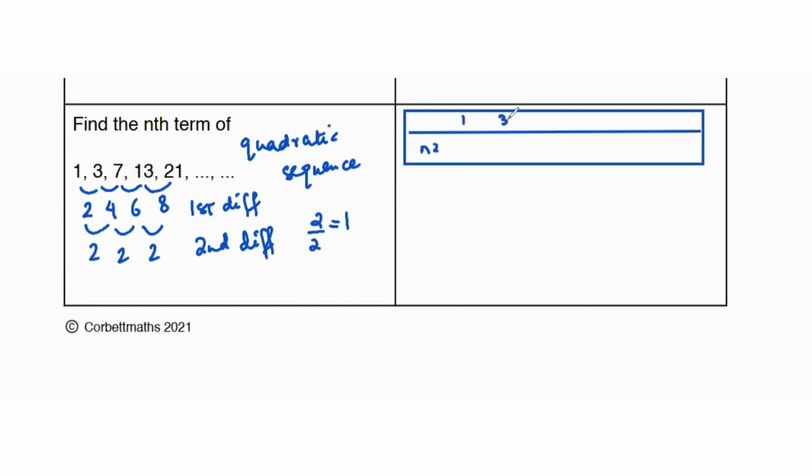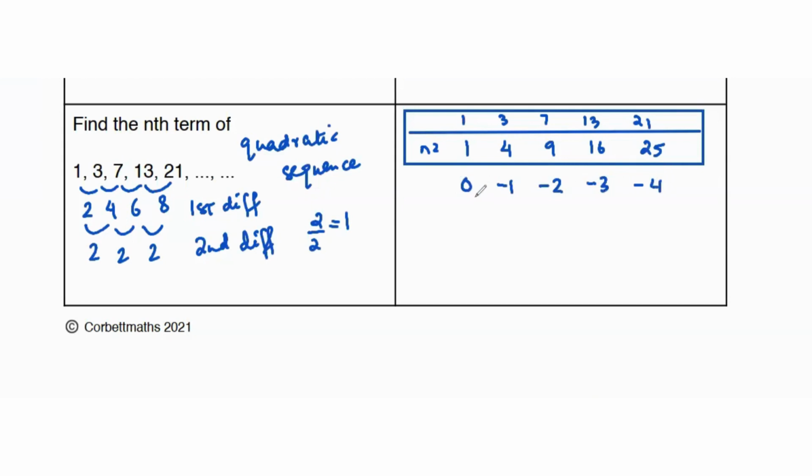So 1, 3, 7, 13, and 21. n squared is going to give us, t1 is going to be 1, 2 squared is going to be 4, 3 squared is 9, 4 squared is 16, and 5 squared is 25. So now if we find the difference between these, 1 minus 1 is 0, 3 minus 4 is negative 1, 7 minus 9 is negative 2, and we have negative 3 and negative 4.